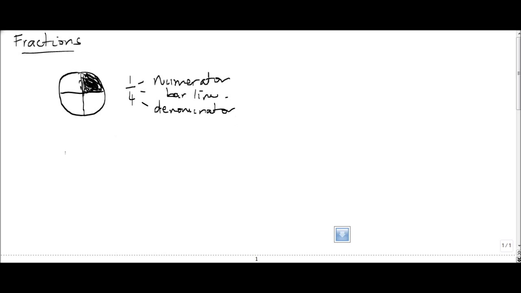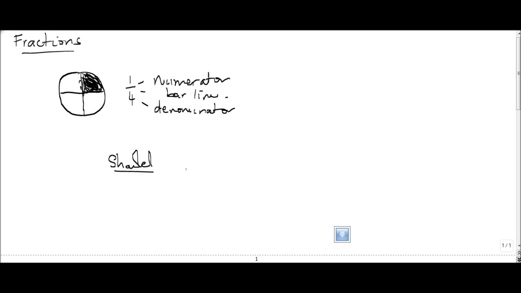In some places it's called the fraction bar. In this case we have one part being shown, so it's one part out of 4, and that would be representing the shaded portion.